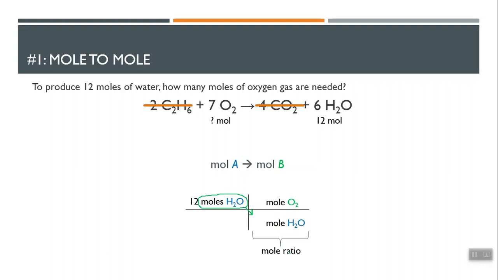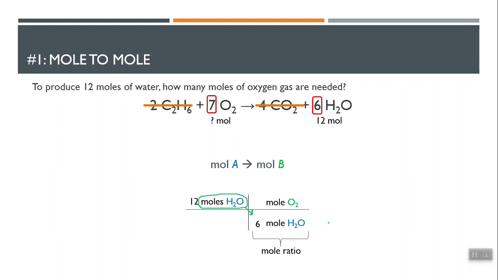And where do we get the mole ratio? Well, we're actually looking at the coefficients, okay? So the coefficients, remember, like we talked about in the beginning of this video, another way to say it is, it's the number of moles of a substance. So for example, this is 7 moles of oxygen, and this is 6 moles of water. And you're going to go ahead and match up that number to the unit in your fence.